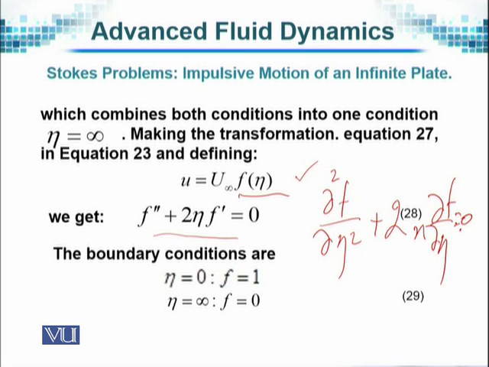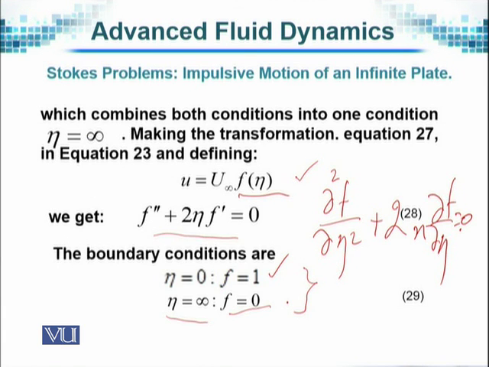The boundary conditions are: when eta is 0, f is equal to 1, and when eta is infinity, f is equal to 0. So the three boundary conditions earlier have now been reduced to two boundary conditions. It has simplified our problem.